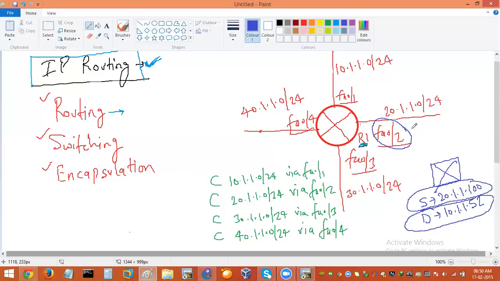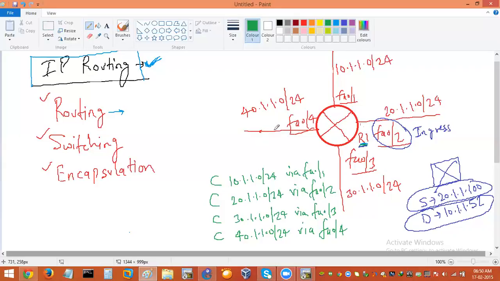Ali, did you understand? Okay, so that's what I was telling you. The FA/2, where the packet is arriving, is called the ingress interface.